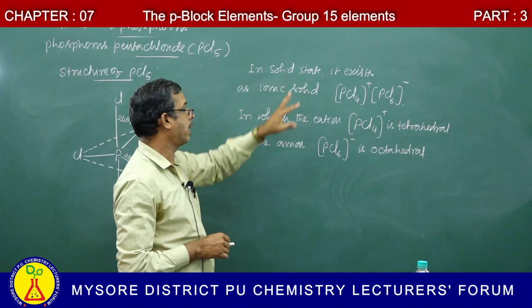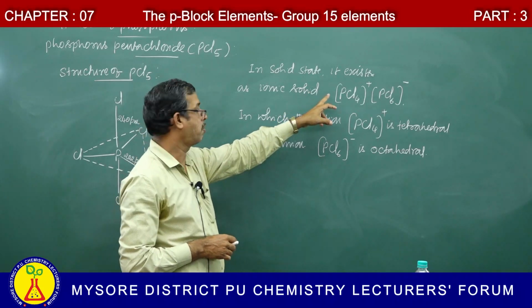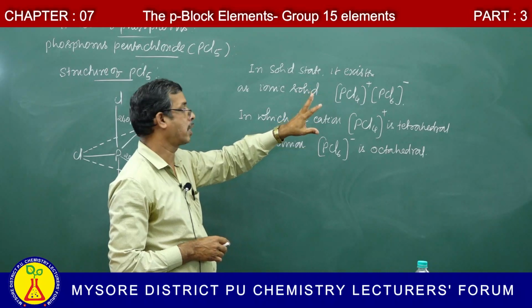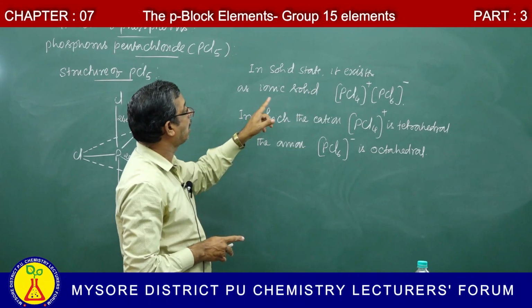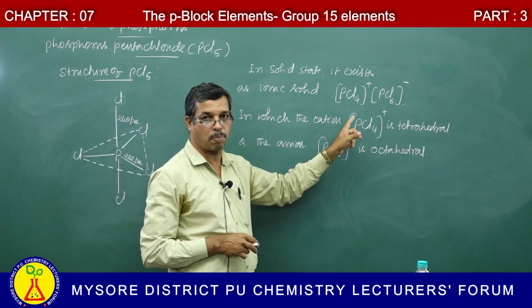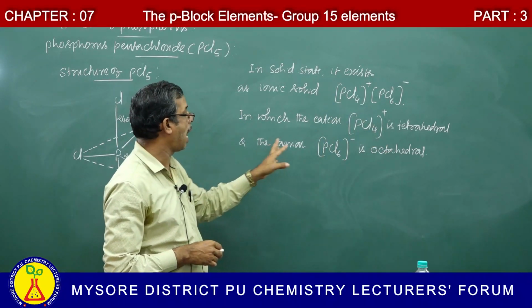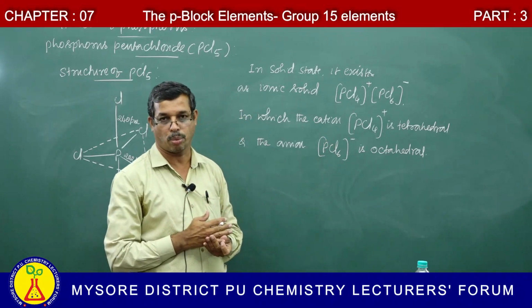In solid state, it exists as an ionic solid in the form of PCl4 plus PCl6 minus. It contains both cation and anion, in which the cation PCl4 plus has tetrahedral geometry and the anion PCl6 minus has octahedral geometry.